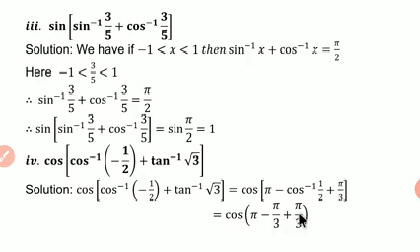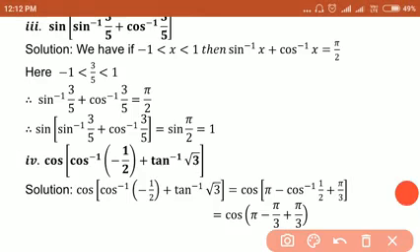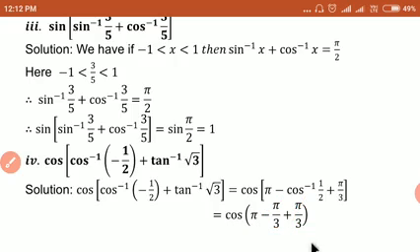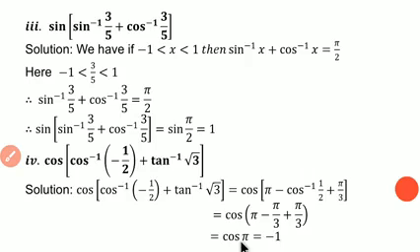Minus pi by 3 plus pi by 3 get cancelled, the last two terms cancel from the bracket. And so we remain with cos pi, and cos pi is minus 1. And so the value of cos of cos inverse minus 1 by 2 plus tan inverse root 3 is minus 1.